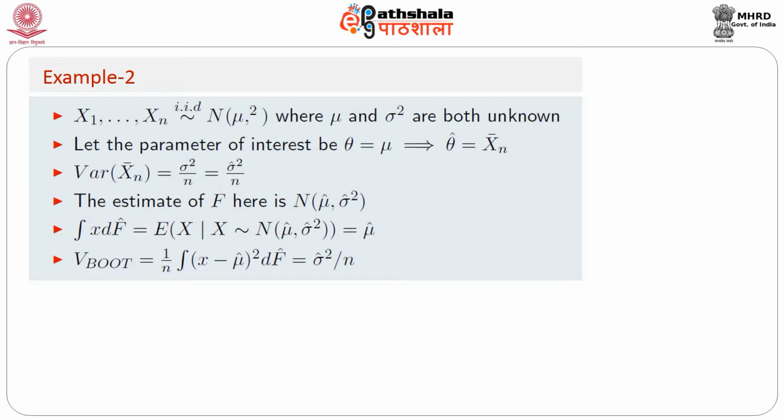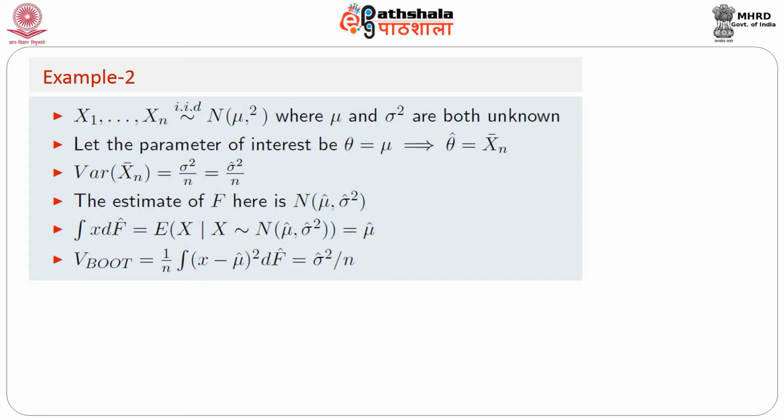Now, to obtain a bootstrap estimator, note that the estimate of F is of the form normal(mu hat, sigma hat square). So, the integral of x dF hat is the expectation of x given x follows normal(mu hat, sigma hat square), which is mu hat.